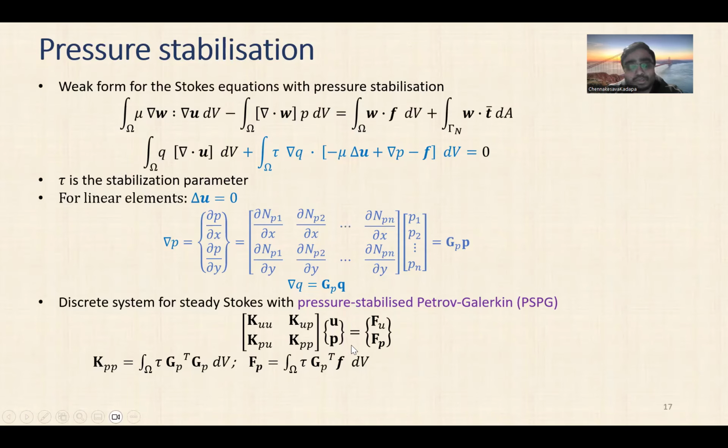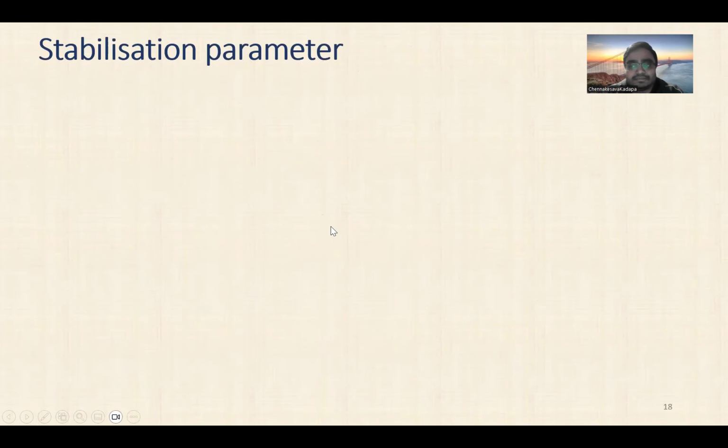So this is a stabilized formulation and it helps us use the same basis function, same element, for velocity and pressure. Now what is the change in the stiffness matrix calculation? We need to add these two additional contributions to KPP and FP. And of course we need to calculate our stabilization parameter tau. There are a variety of expressions for tau.